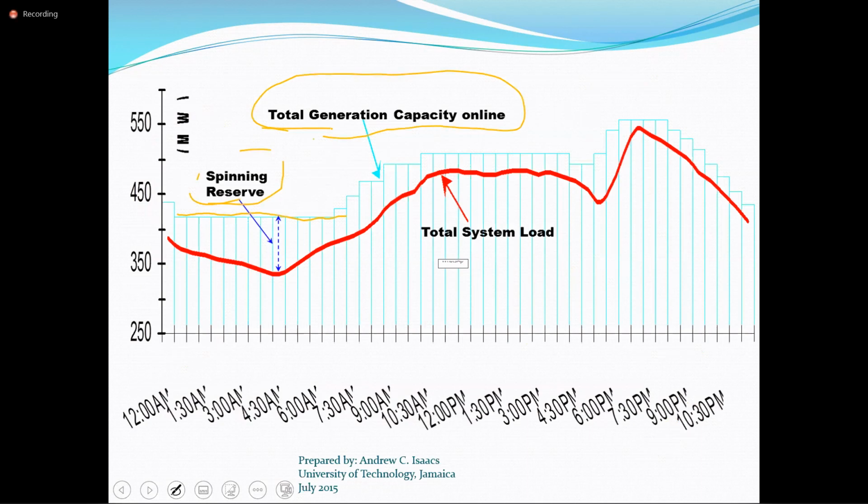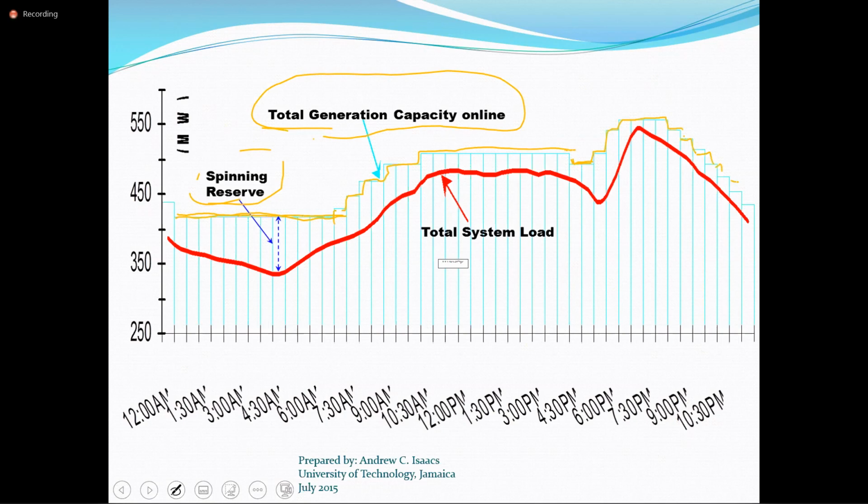So the capacity of the generators that's online is represented here. All right, so we get some step changes. All that means is that you're adding new generation. Over here, you're taking off generation because people are going home. Here, you're adding generation. And then you start taking it off as the demand falls.